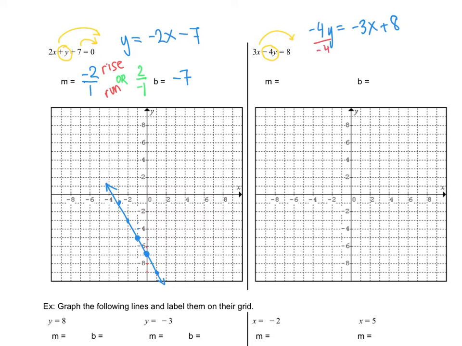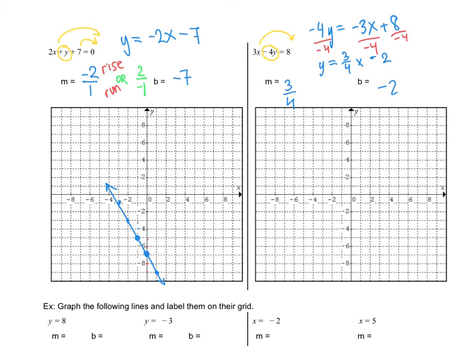And then I'll divide everything by -4. And that gives me y equals, okay, so I have -3 over -4. The double negative turns positive, and the fraction can't be reduced, so just 3 over 4, x. And then 8 divided by -4 is -2, meaning our slope is 3/4, and our y-intercept is -2.